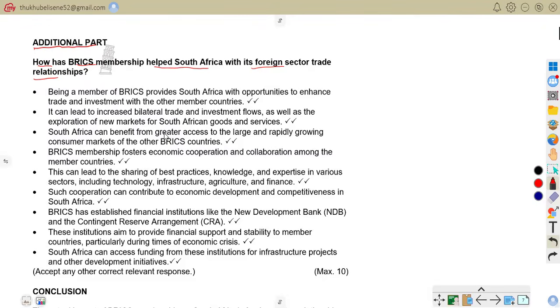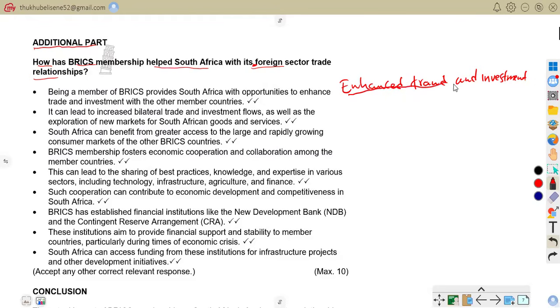So we are going to talk about how BRICS has helped South Africa with its foreign sector relationships. So this is where we're going to talk about enhanced trade and investment.